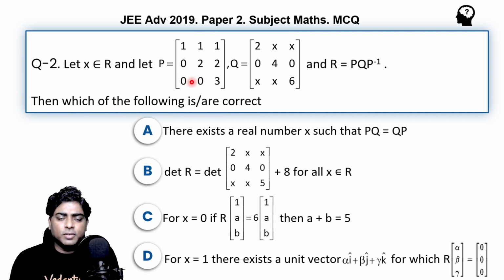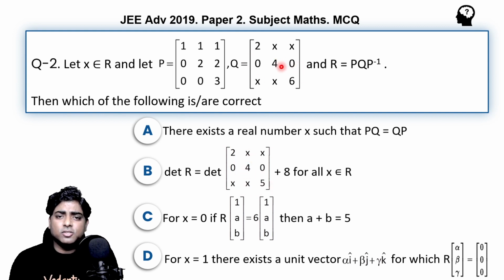Finding the determinant by opening with the third row, we can see that the determinant of P would be the product of its diagonal elements, that is 6. So P inverse is defined. Here the determinant of R would be, with determinant of P inverse being 1 by determinant P, obviously determinant Q. Is it equal to, as we can see on the right hand side, the determinant of the matrix 2 x x, 0 4 0, x x 5?